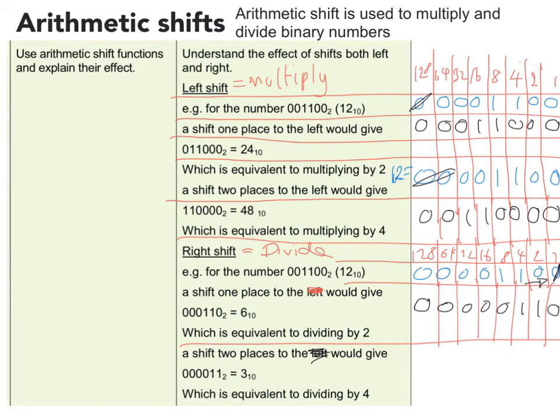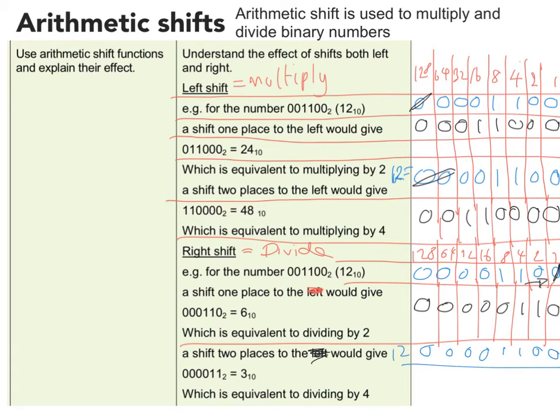But why? We take the numbers that we originally had and we bring all of the numbers across by 2 places. So if I put the original number in so you can see, which is our original number of 12.